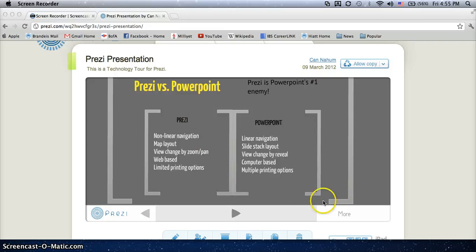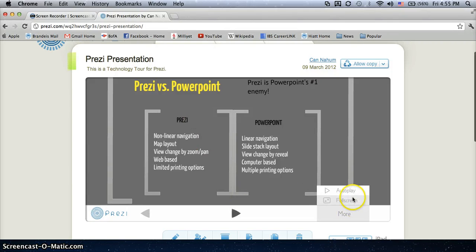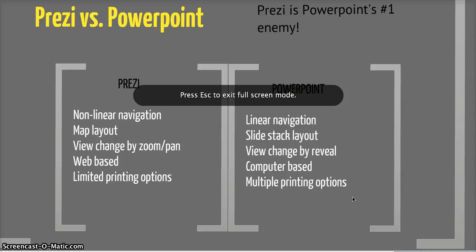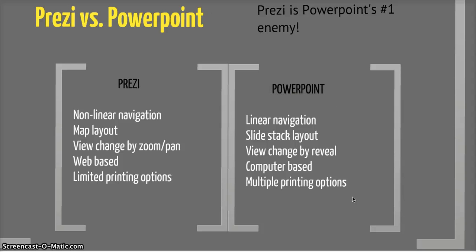So this slide shows you the differences between Prezi and PowerPoint, which we all know how to use. As you can see, one of the main differences is the navigation of it. And this basically means that the slides can navigate in a 360-degree field. Next, there is the map layout of Prezi. When you want to navigate between the different slides, you just see it as an overall map.